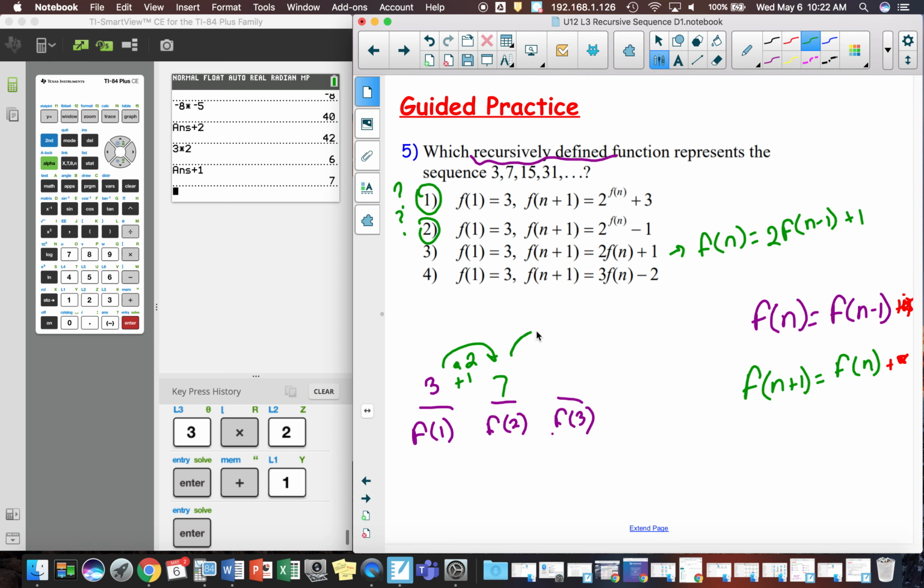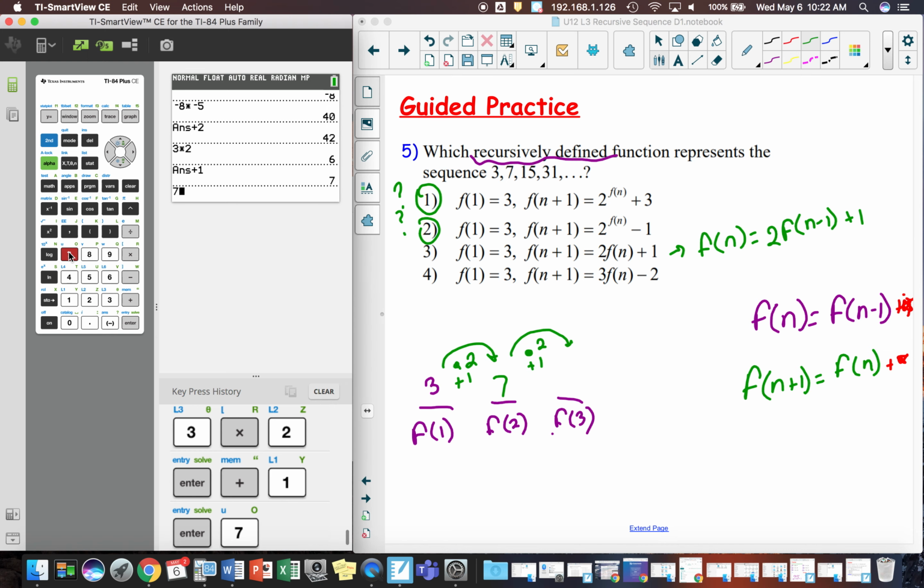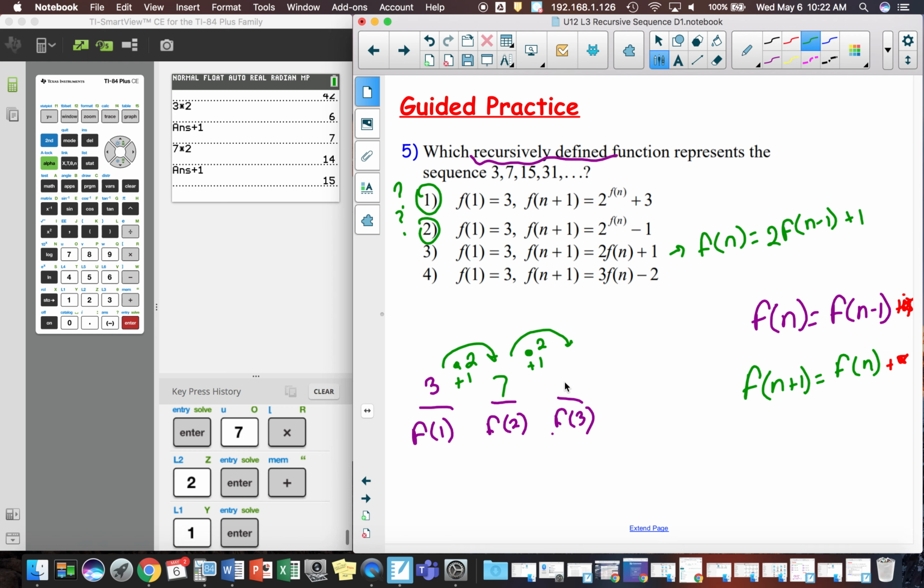Let's just find the next term. It's always important to find the next term just to make sure that it works. So our rule for this one is multiply by 2, add 1. Same thing as before. 7 times 2 plus 1. And we get 15. And that's what we wanted. The next one should be 15.